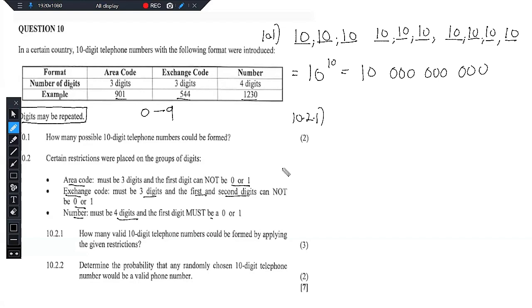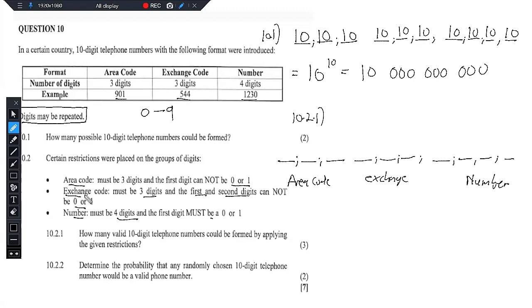So let's pay attention to that. We start with our area code with 3 digits, followed by the exchange code with 3 digits, and lastly 4 digits, which is our number.